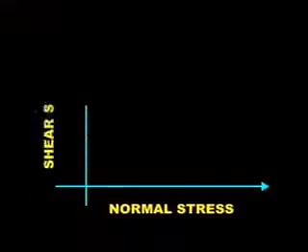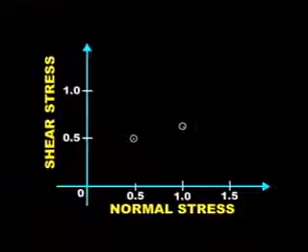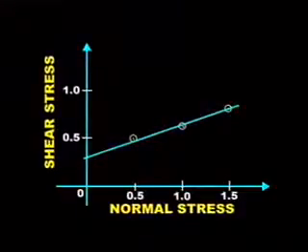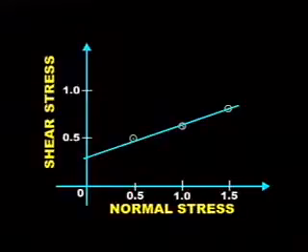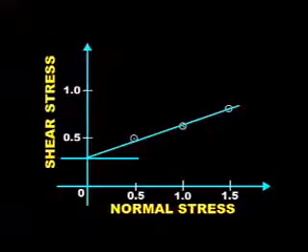Draw a graph by plotting normal stress as the abscissa and the shearing stress as the ordinates corresponding to failure states. Join the points corresponding to the state of failure by a line. This line gives the Mohr envelope for the soil. Measure the intercept which this line makes with the shearing stress axis.